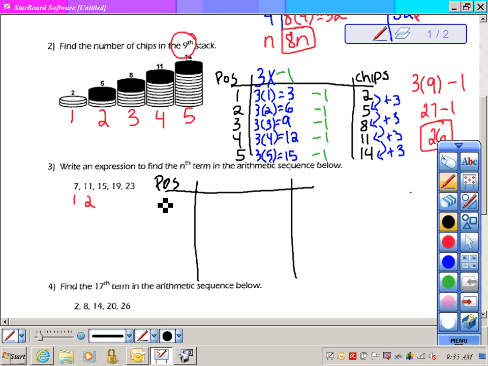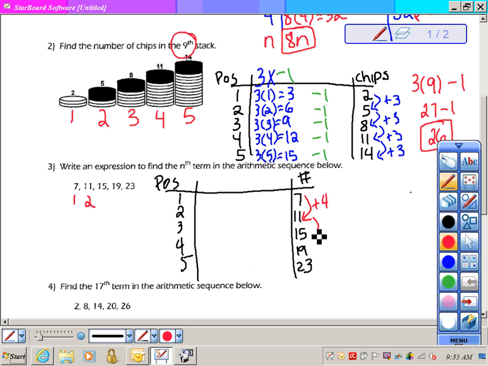Position. How many did I have? 5. So I have position 1, 2, 3, 4, 5. What went over here? The numbers, right? And what were they? 7. Very good.